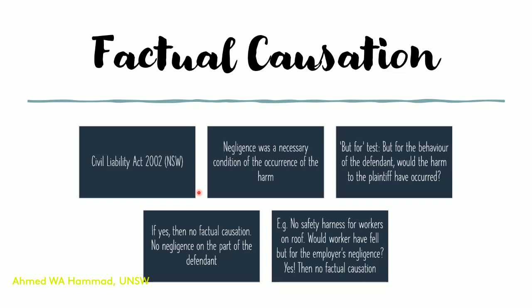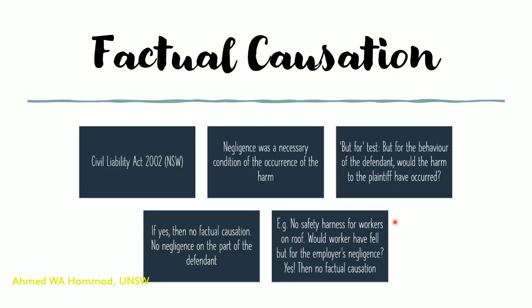Now, there's a number of ways that the courts would determine how that was the case. One of the most common approaches is what is referred to as the but-for test. So the question that the court would ask to determine factual causation would be, but for the behavior of the defendant, would the harm to the plaintiff have occurred?